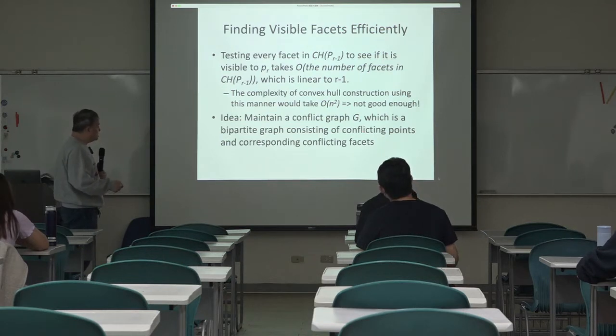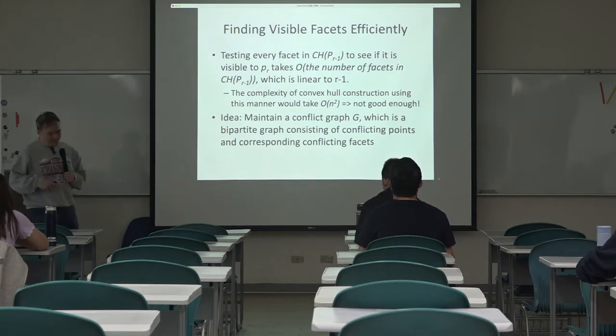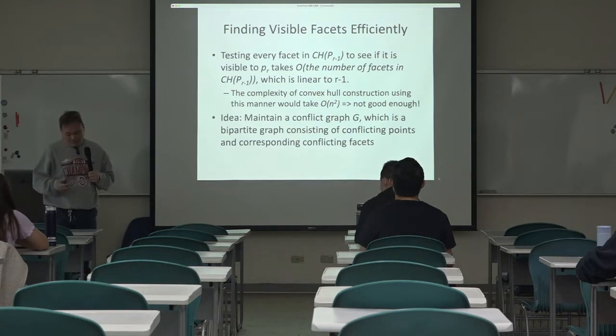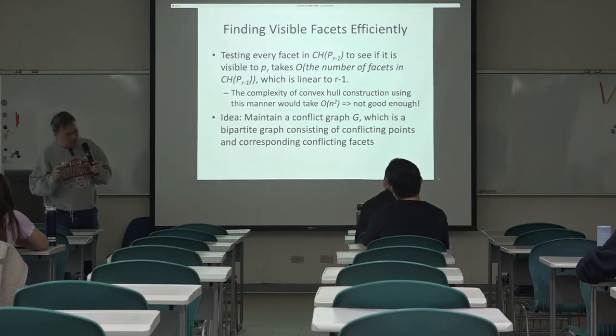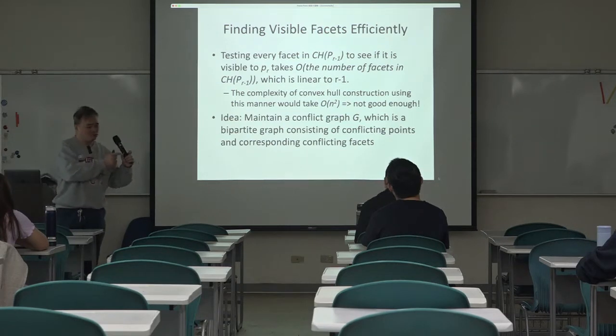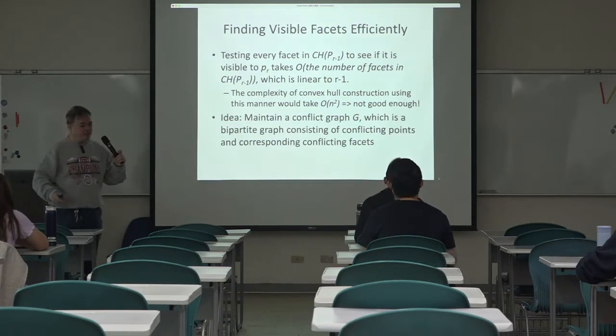This conflict graph is a bipartite graph. A bipartite graph means your nodes in the graph can be divided into two sets, and the edges appear only in between these two sets, from one node in one set to another node in a different set.